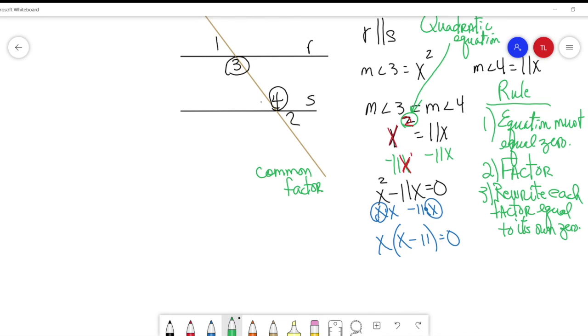So then you're going to have x equals 0, or x minus 11 equals 0, and add 11 like you're supposed to, and x equals what? 11. Now that was a little different from what we've been factoring. Think you can handle that? All right.